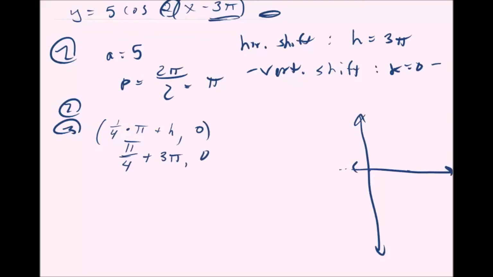We can't add those two together because they don't have a common denominator, so we're going to multiply this one by 4 over 4. So it's going to be pi plus 12 pi over 4, which is going to be 13 pi over 4, comma 0. That's one of the x-intercepts.